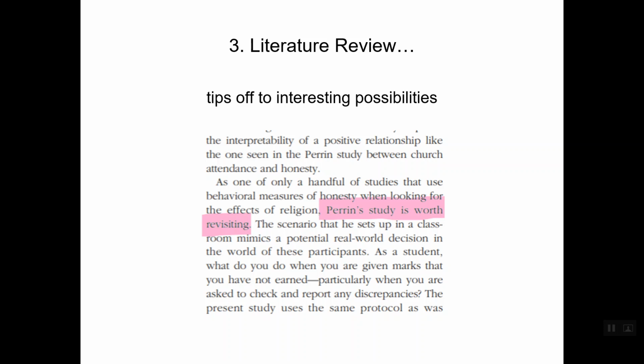The scenario that he sets up in a classroom mimics a potential real-world decision in the world of these participants. As a student, what do you do when you are given marks that you have not earned, particularly when you're asked to check and report any discrepancies? So, as you can see, the literature review sometimes points to other useful and interesting studies and produces the important parts, the salient features of those studies.